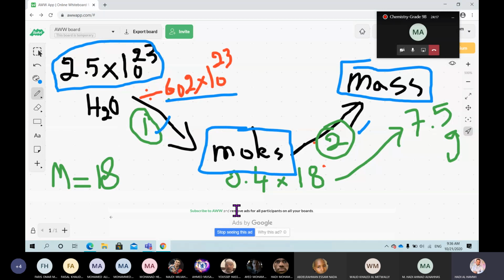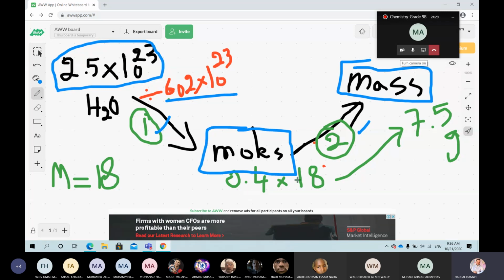So we have 0.4 moles. Then to convert from moles to mass, we find the molar mass, which is 18 for water. This is the rule: mass equals moles multiplied by molar mass. You have the moles 0.4 and the molar mass is 18, so the answer is 7.5 grams.